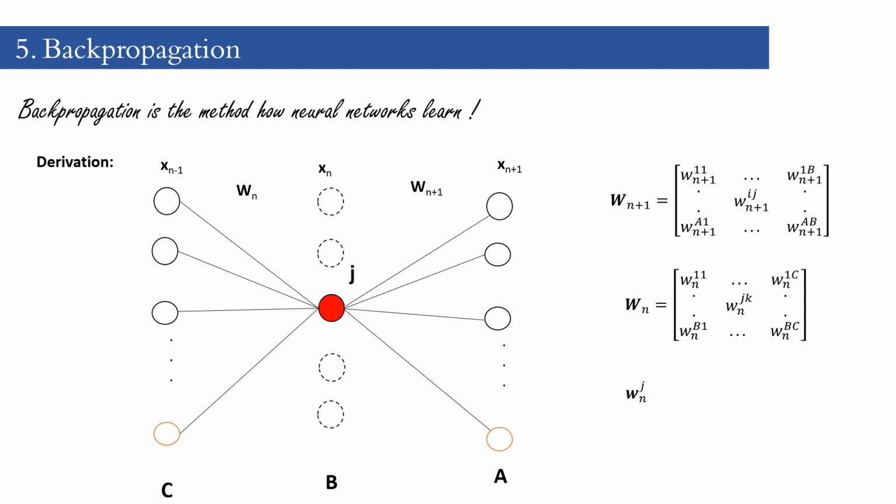With this notation, the input that goes into node J will be the outputs of nodes in layer n-1 multiplied by the jth row of the weight matrix Wn.